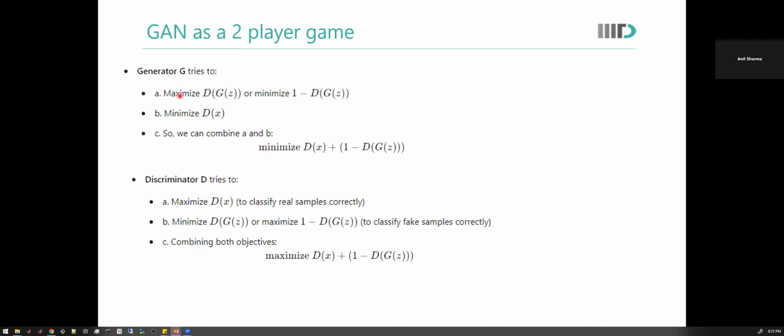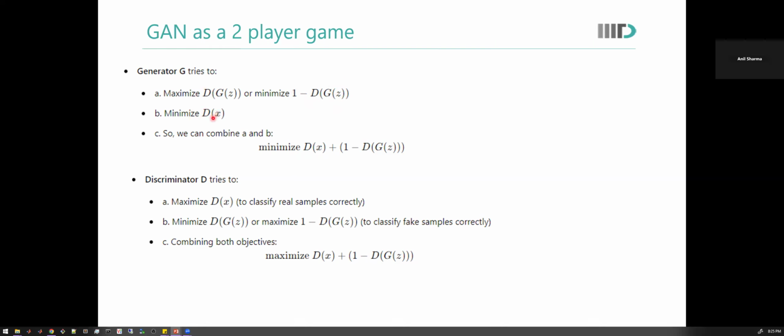If we are maximizing this probability, we can equivalently say that we are minimizing 1 minus D of G of z, since it is between 0 and 1.